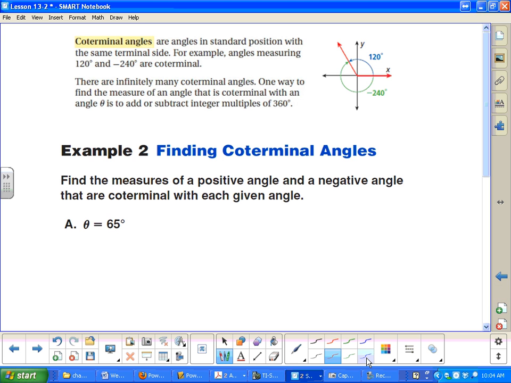I could add 360 degrees to the 120, which would be 480 degrees, and that would also be coterminal, because that would just mean I go around one time plus that 120 degrees. Or we could subtract another 360 degrees here and get negative 600 degrees.